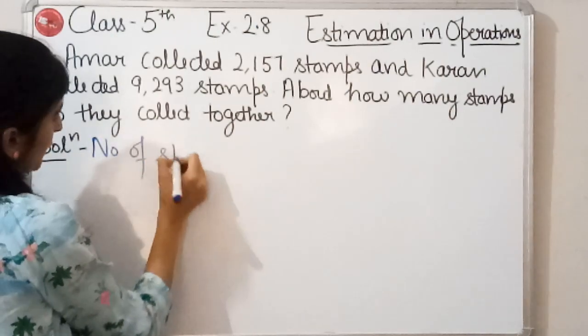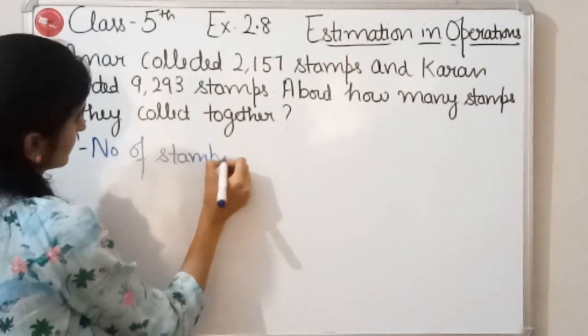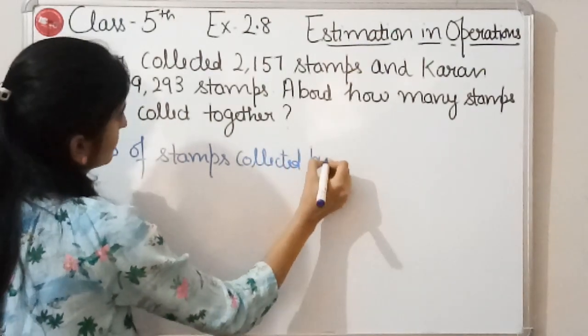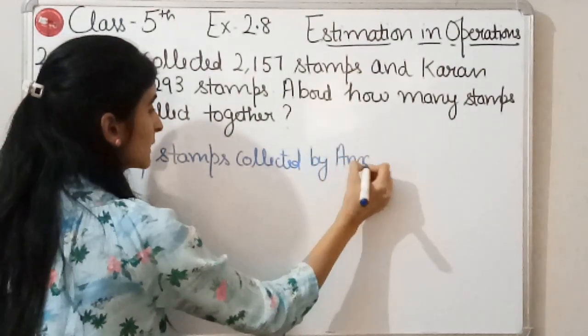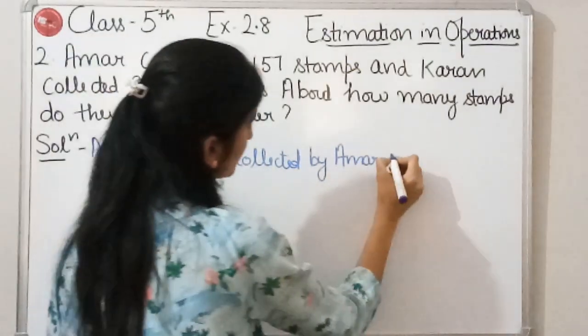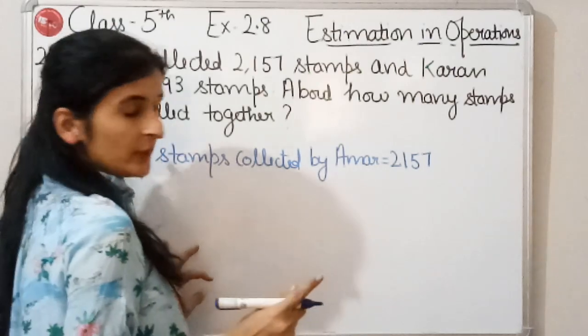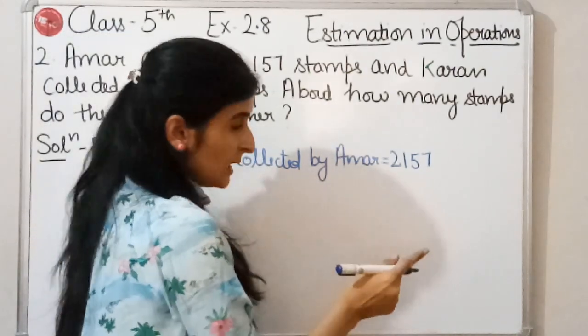Number of stamps collected by Amar is equal to 2,157. So first of all we have to round off this to the nearest thousand.